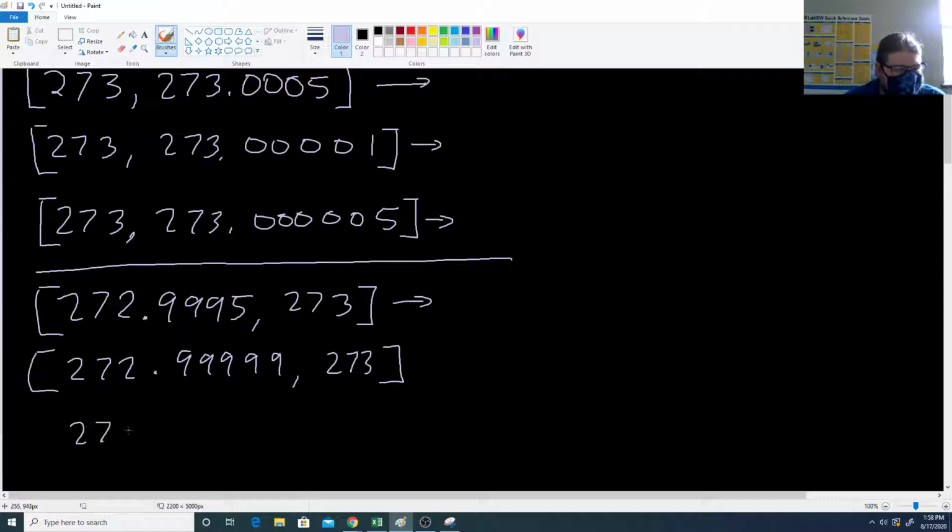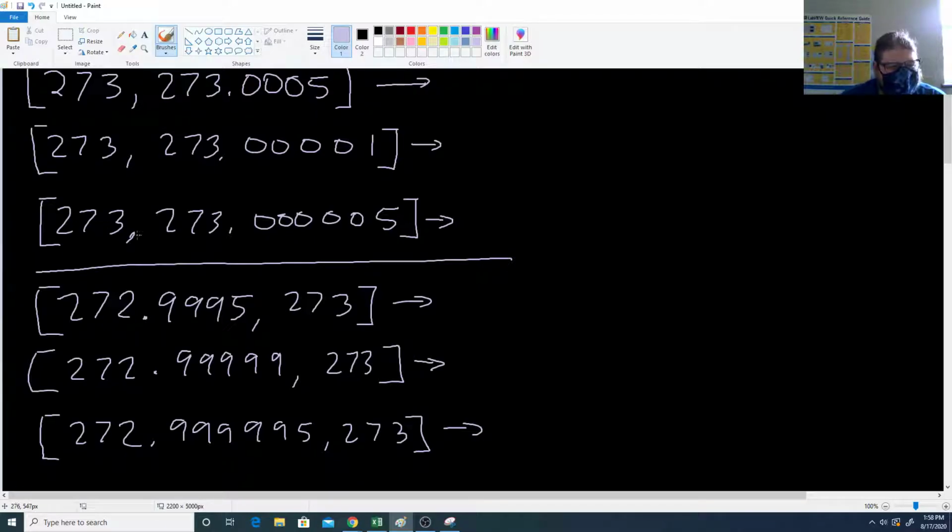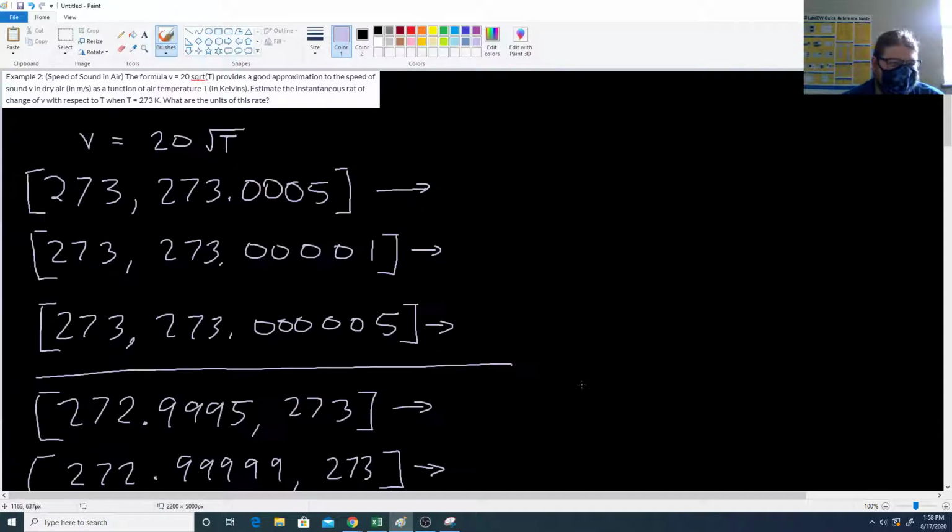And then 272 with 5 nines and then a 5. Hopefully, if good things happen, the last one of the first group is when we're very close to 273 approaching from the right, and this last one down here is when we're very close to 273 approaching from the left. We're going to hope that those two numbers agree to about 3 decimal places.